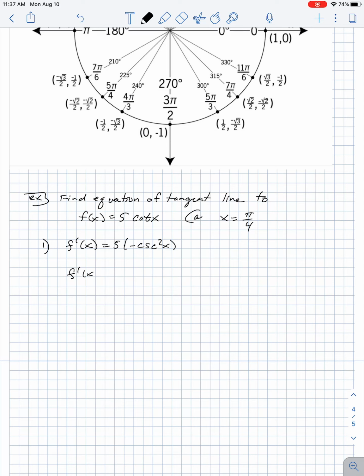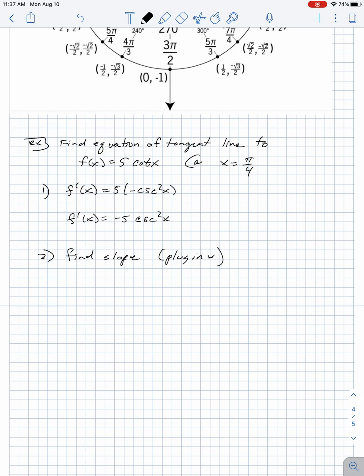So my function is negative 5 cosecant squared x. The next thing that I want to do is find the slope. So what that means is plug in your x. So my x value is pi over 4.